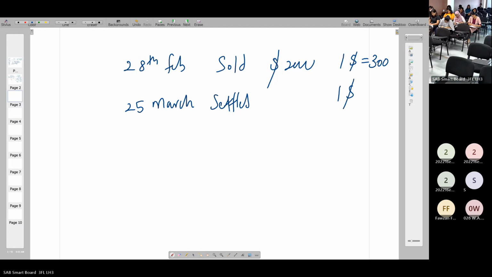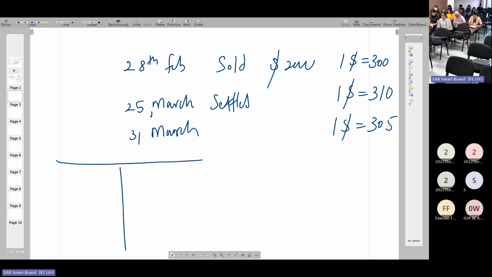Then $1 equals 310. Then 31st March, that is the reporting date, $1 equals 305.